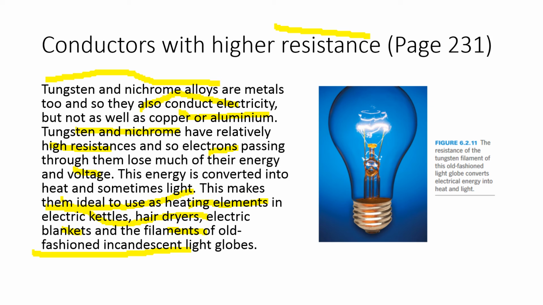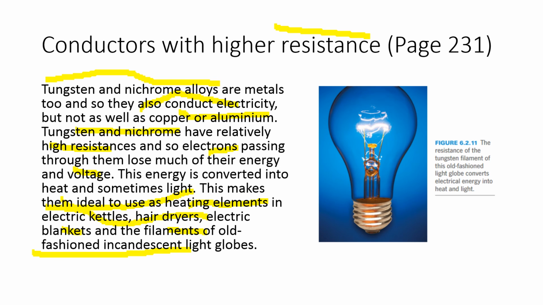So what they're trying to say here is that you have some metals that are not as conductive as what we have discussed previously, copper and aluminum, but we have something like tungsten or nickel. They have higher resistance, and because they have higher resistance, it means they have a greater voltage drop.